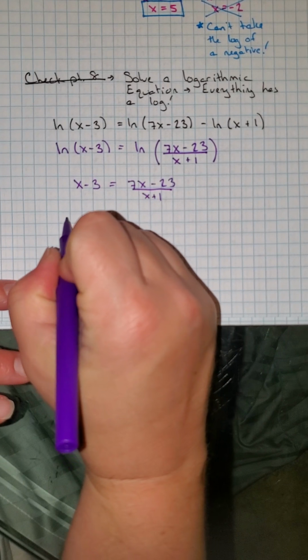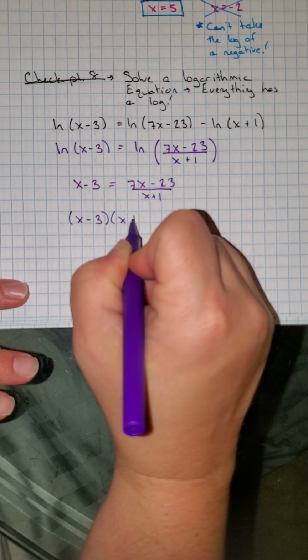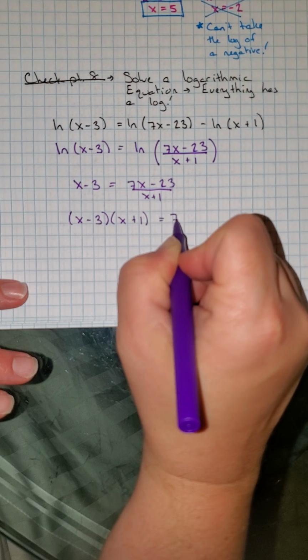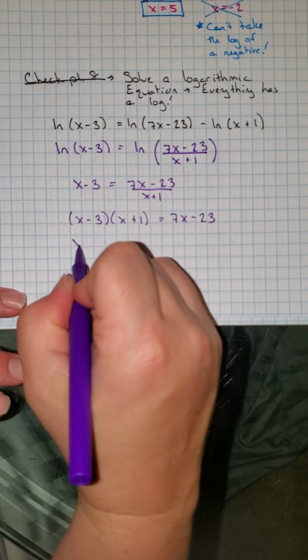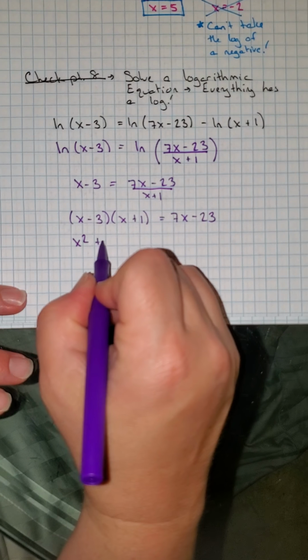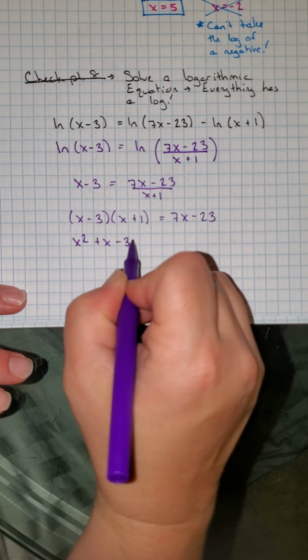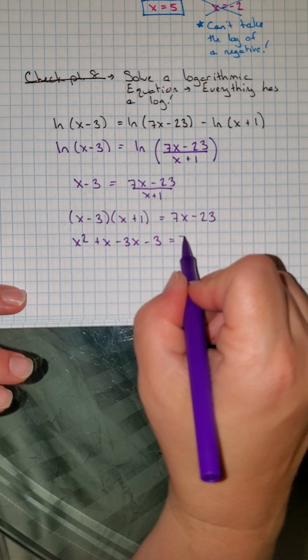So cross multiply. We'll be multiplying x minus 3 times x plus 1 equals 7x minus 23. FOIL this, you get x squared. The outer you get x. Inner you get negative 3x. And then negative 3 times 1 is negative 3.